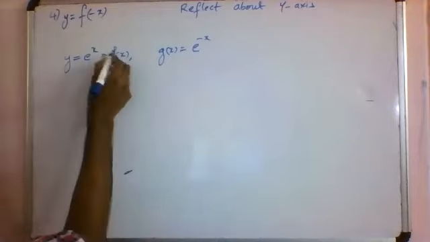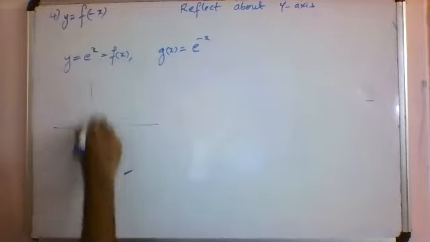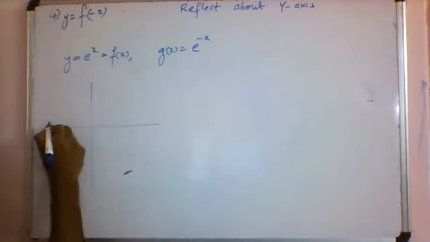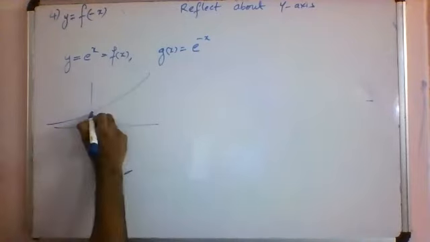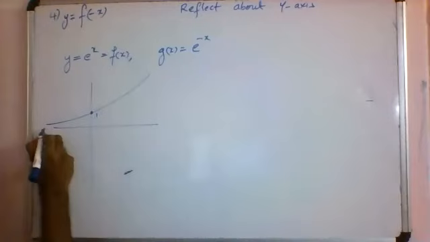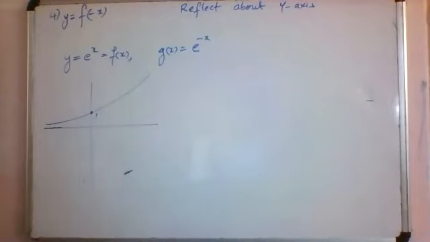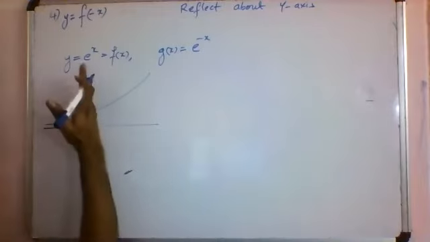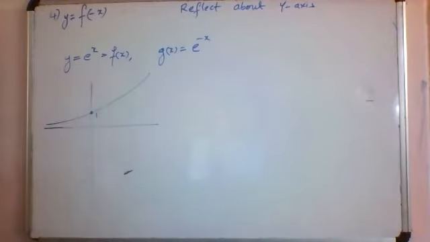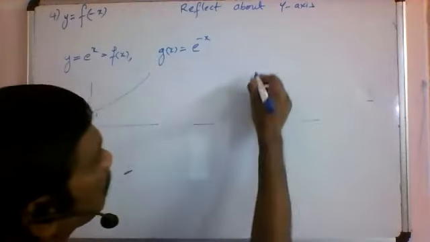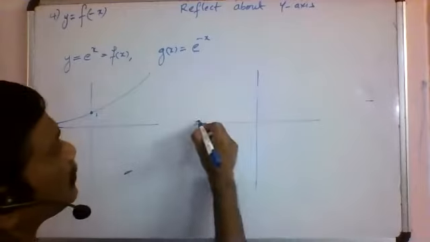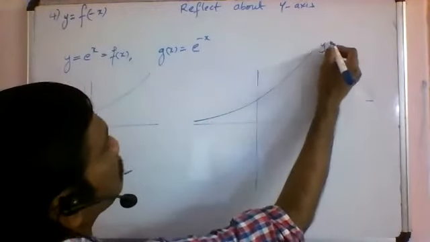Well, f of x is equal to e power x. Basic graph is like this. At 1, it intersects y-axis. This is the e power x graph. Now, with respect to y-axis, I want its reflection. This is the original graph, y is equal to e power x.